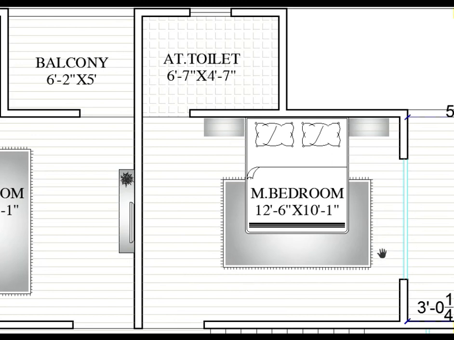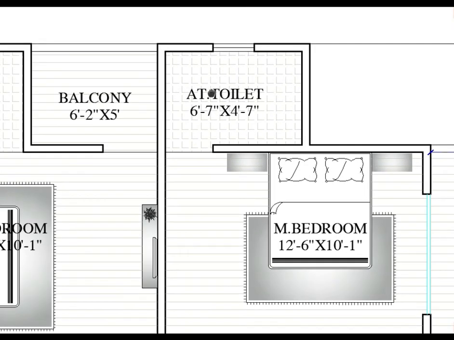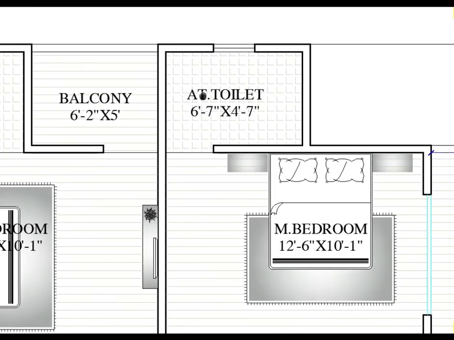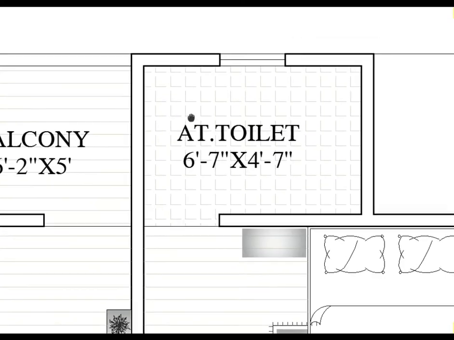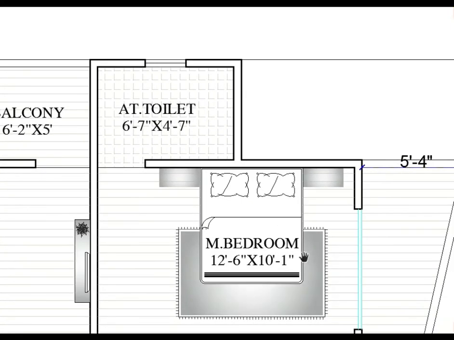This one is the master bedroom, the same as the other bedroom. This one is the attached toilet, which differs slightly: horizontally 6 feet 7 and vertically 4 feet 7.